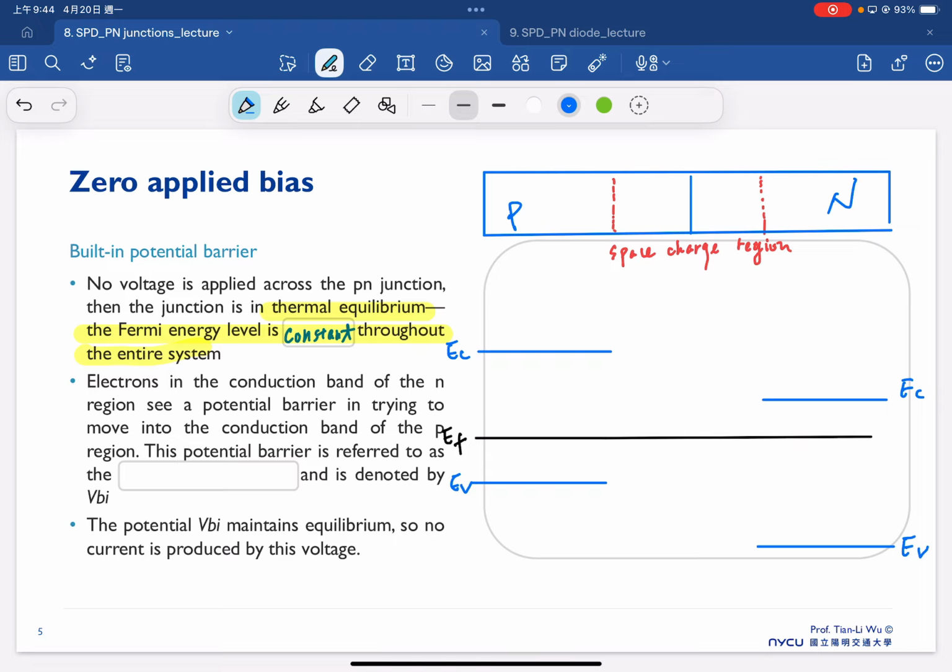Of course, in one system the conduction band should be continuous, and the valence band should be continuous. So we can expect these regions probably like this.